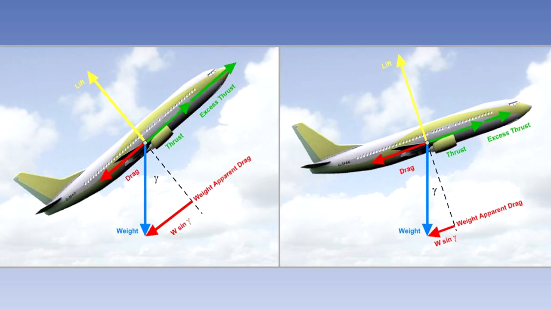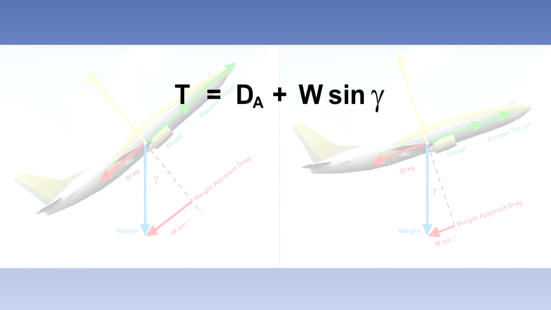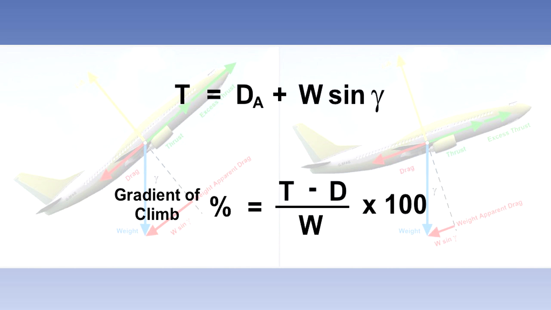From what we've just seen, for any given weight, the angle or gradient of climb depends on the amount of excess thrust available. Here is the formula used to calculate the gradient of climb. Remember that when we subtracted total aerodynamic drag from the total thrust available, we got the excess thrust available. For any given weight of aeroplane, the greater the excess thrust available, the steeper the climb angle. The smaller the excess thrust available, the more shallow the climb angle.